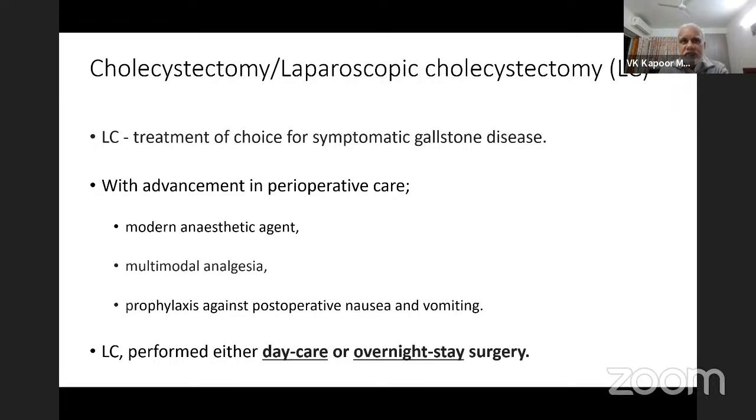If these are cases which we post very early in the morning, first case, and if there is good, complete, full, satisfactory recovery, we may allow her to go home in the evening so that she can look after her young child, and insist that she comes back to the hospital the next morning to have a routine checkup as if she was in the hospital. So that is the only exception. But I know that many centers are now practicing lap chole as a daycare surgery.